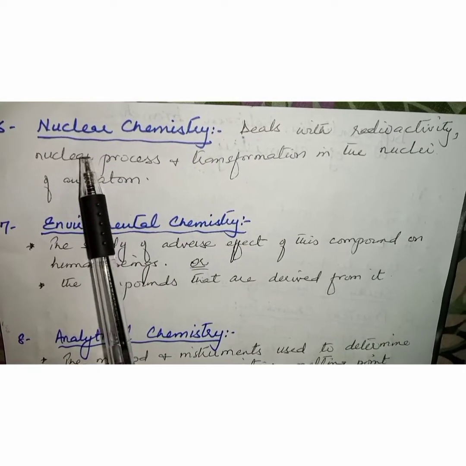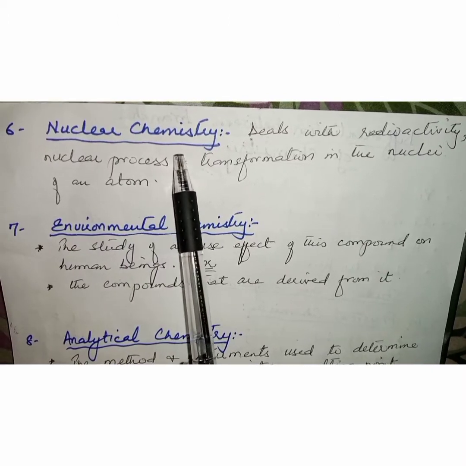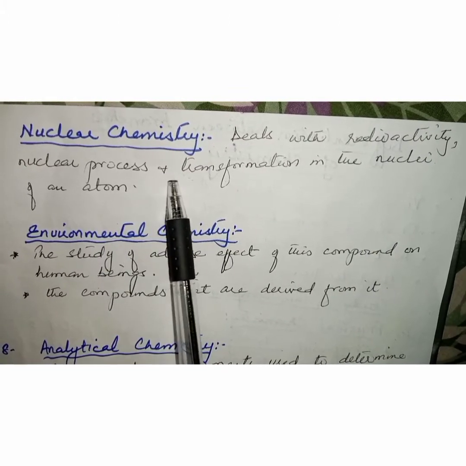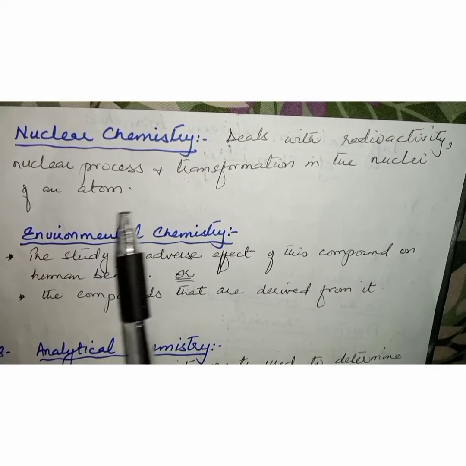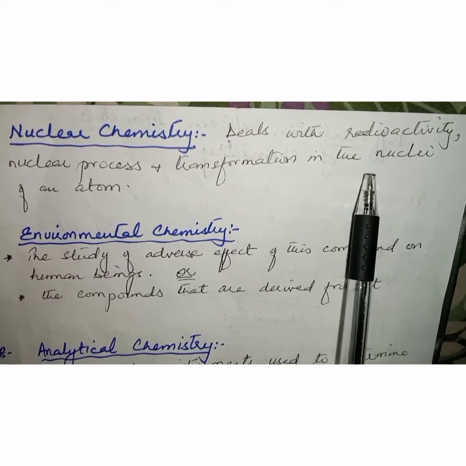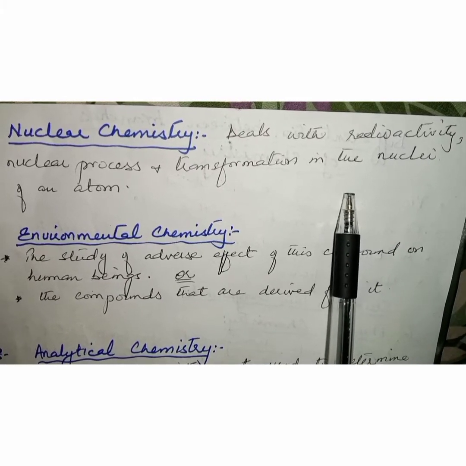Alright students, now we are going to study nuclear chemistry. Nuclear chemistry deals with radioactivity, nuclear processes and transformation in the nuclei of an atom. What is radioactivity, students? Radioactivity is a release of energy from the nuclei of atoms. The nucleus of an atom contains protons and neutrons.